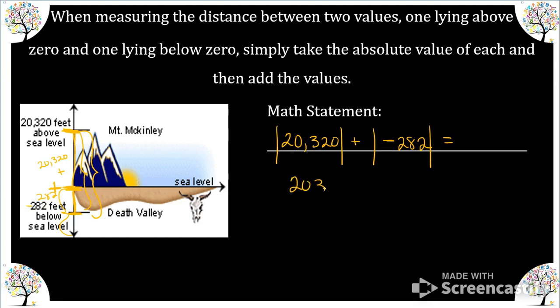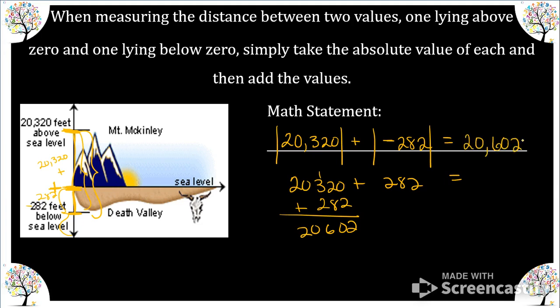So we're going to take the absolute value of both of these numbers, and then we're going to add them together. So we get a total of 20,602. This is feet. So that is how far from the top of Mount McKinley to the bottom of Death Valley. That is the distance.